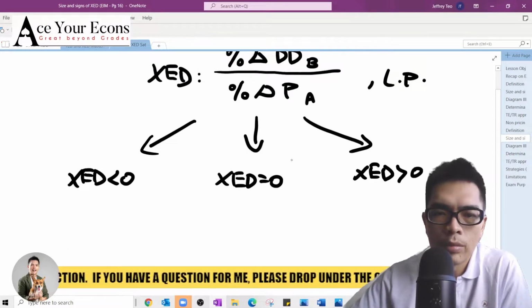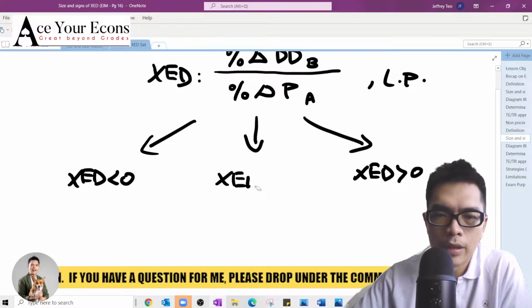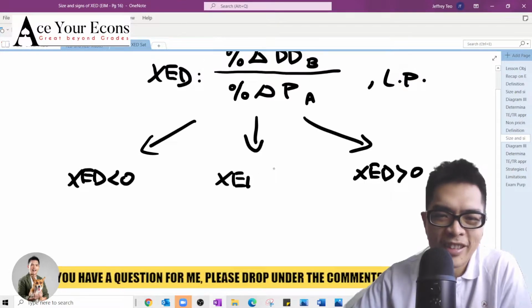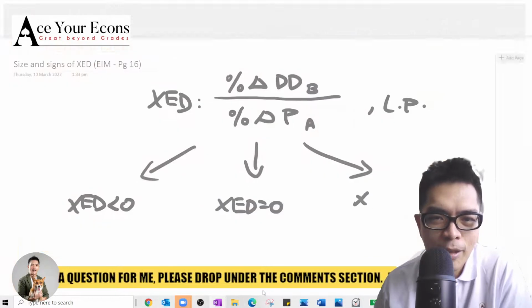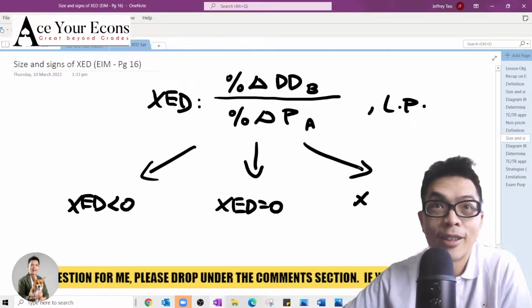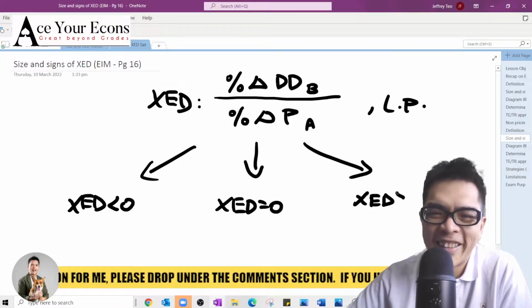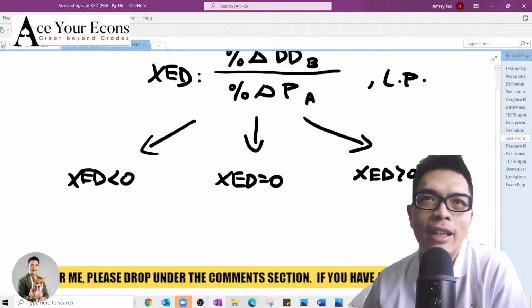I'll probably swap these because I need more space. I think OneNote doesn't like what I'm writing. It decided to close on me. Let's not play around with the signs.